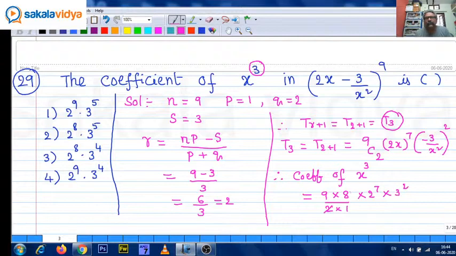This will be 2 power 4 and this will be 3 square. See, 4 means 2 square, that will be 2 power 9 multiplied by 3 square into 3 square, 3 power 4. 2 power 9 times 3 power 4. So that means the fourth option is the right option.